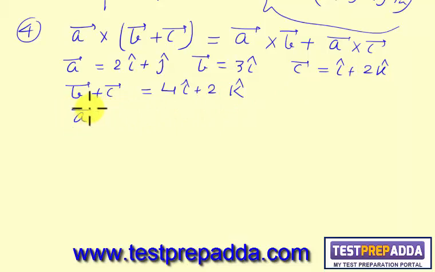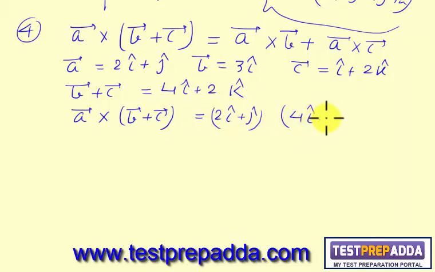And now A cross (B plus C) means (2i plus j) cross (4i plus 2k). If I multiply the first term with the two terms, first it will become 0 because it is i cross i. Second, it will be 2 into 2, 4, and i cross k. If you recall, it was i, j, k.